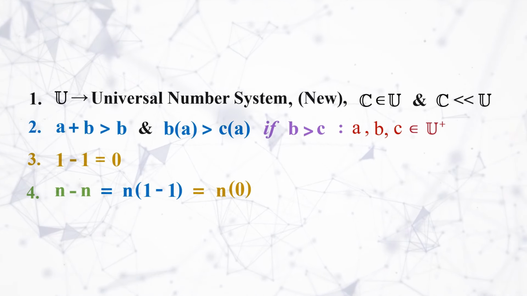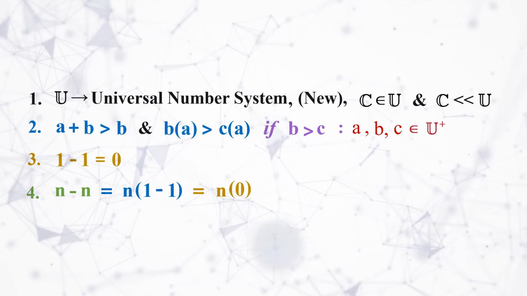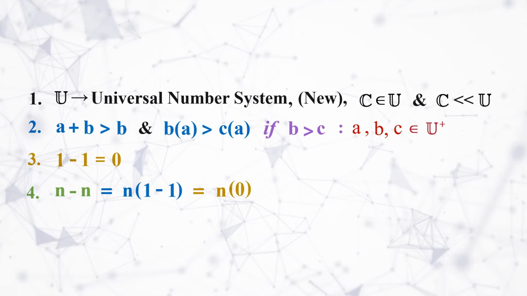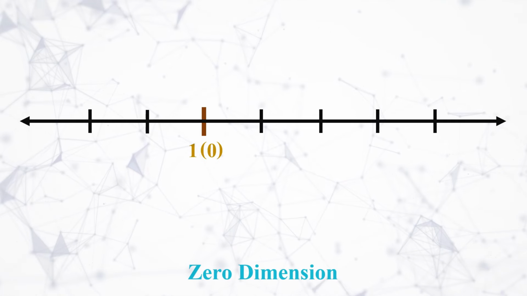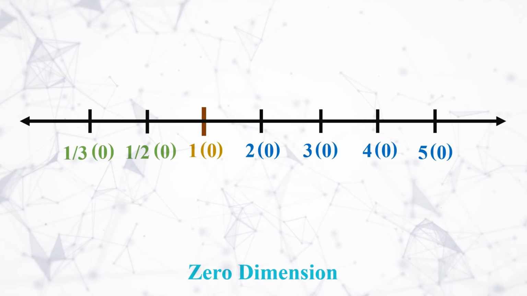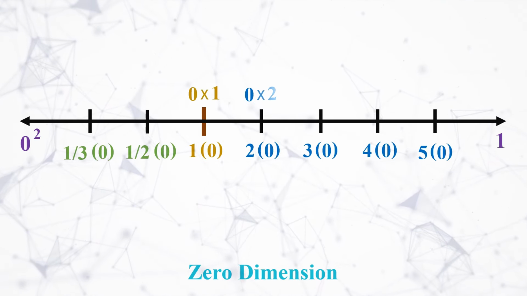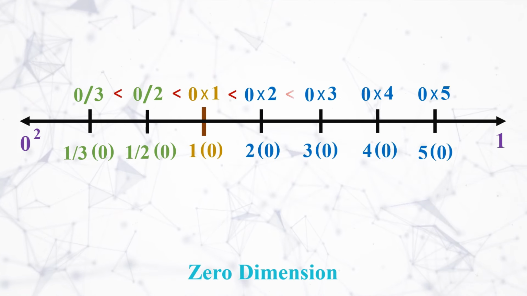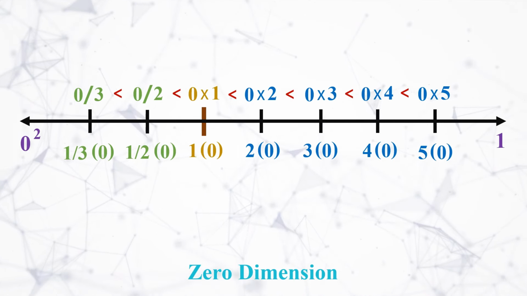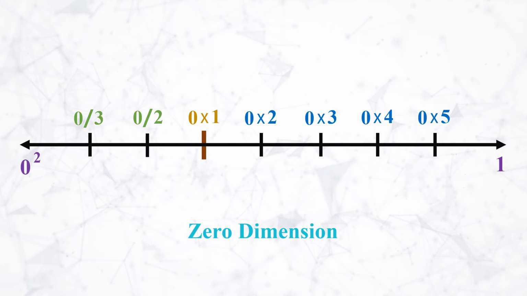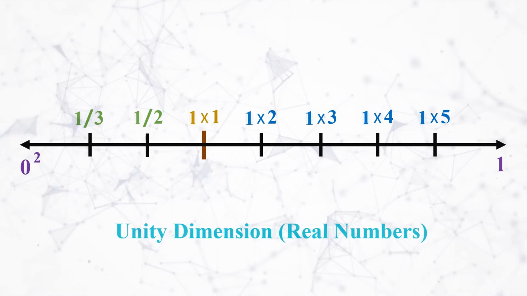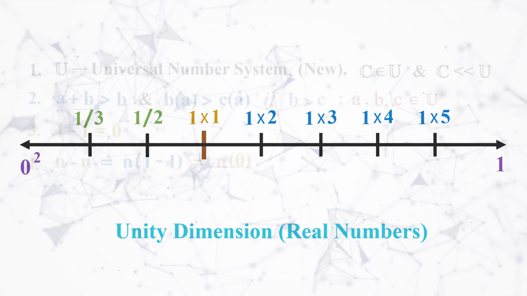And this also creates a perfect, logical and unique set of numbers that are not present in real numbers. Hence mapping these numbers on a number line, we get a new number line named 0 dimension. And to make it a bit cleaner, we can express it as this. And this line is exactly the same as the real number line, except instead of 0, there is 1. So this is the fifth point.